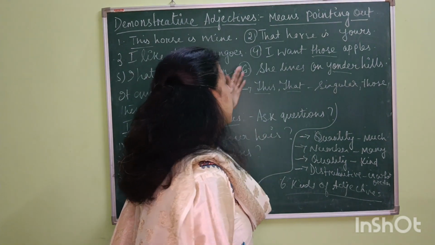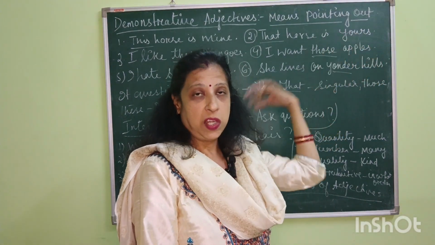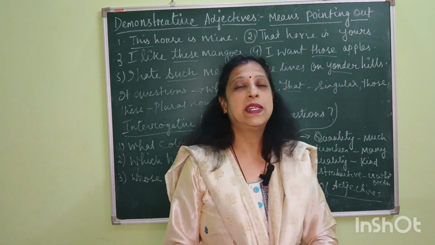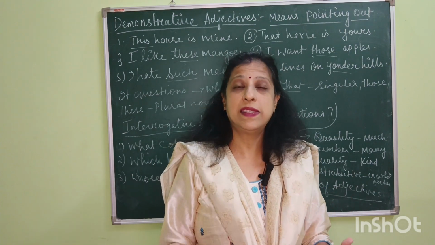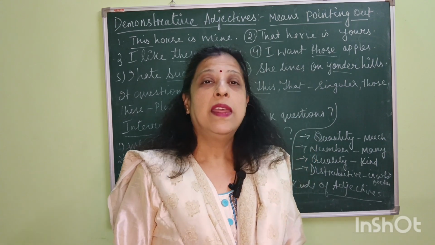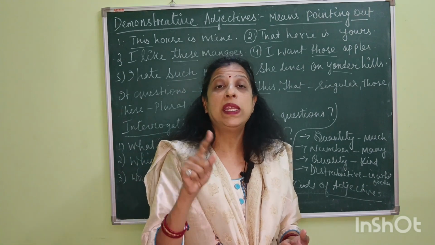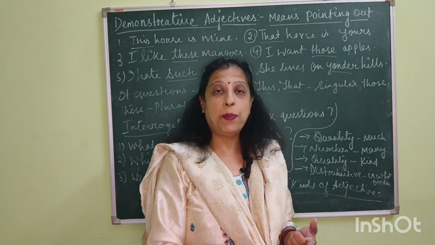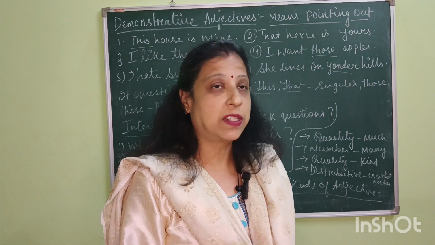I hate such men. Now, which horse is yours? That horse is yours. So it answers the question of which. When we are saying of which type or which kind, then that is called demonstrative adjective, because we are pointing out something. Okay. So that is demonstrative adjective.